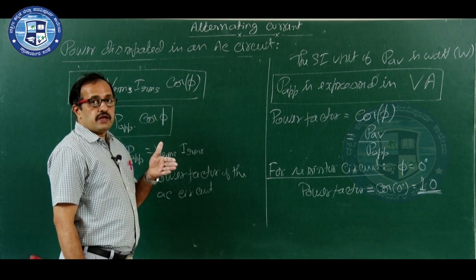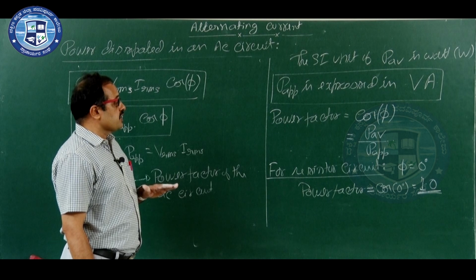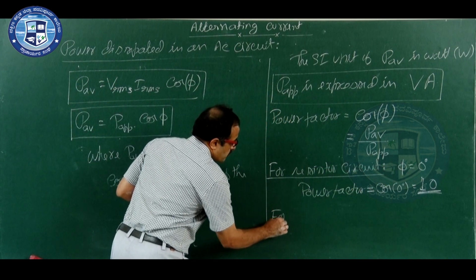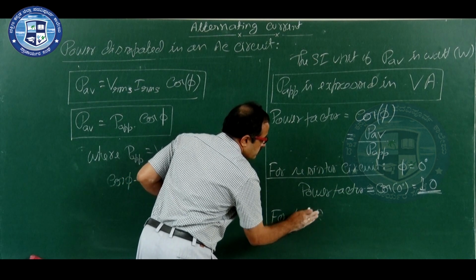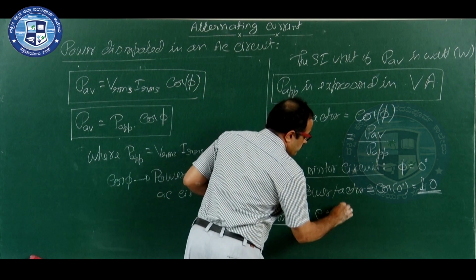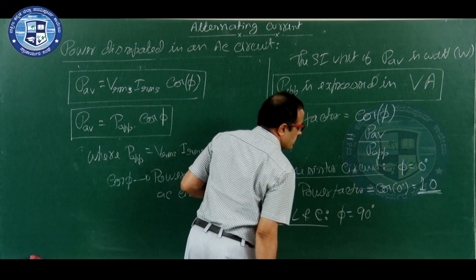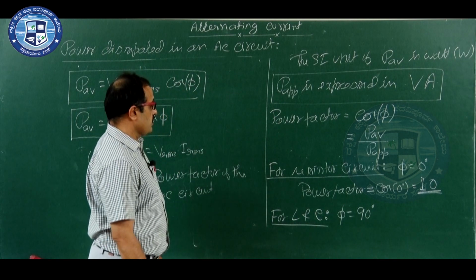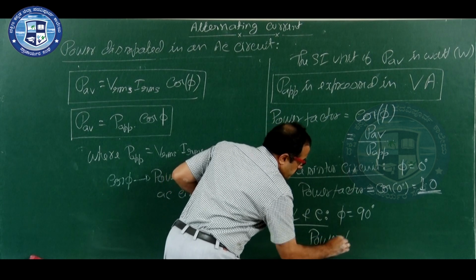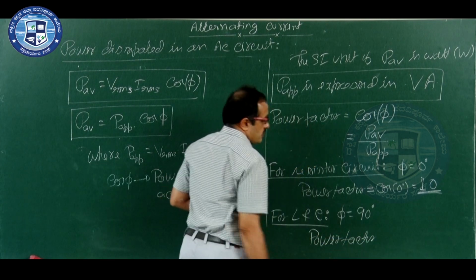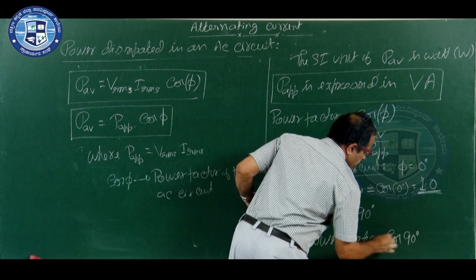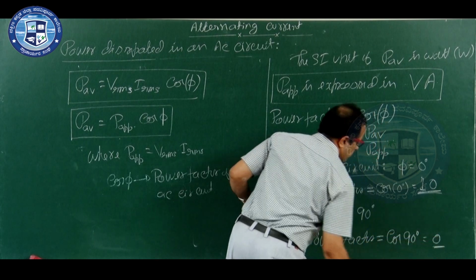What about inductor and capacitor? For inductor and capacitor, phase difference is 90 degree. So, for L and C, phi equal to 90 degree or pi by 2 radians. In that case, power factor is equal to cos 90 degree, which is 0.